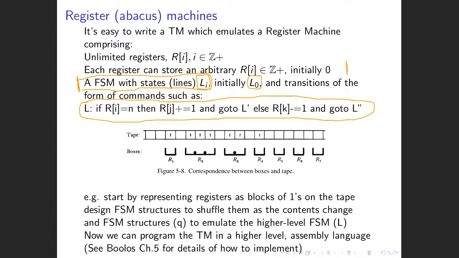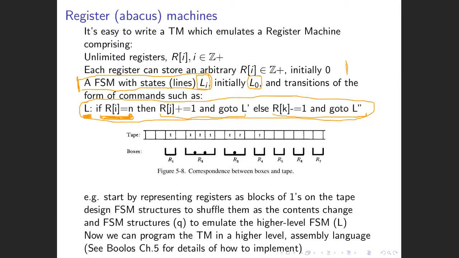This is a state transition that says, if I'm in state L, otherwise known as line number L, I'm going to say, what is the content of a particular register, the ith register. If the content of this register is this number, then go and do something, and otherwise go and do something else.